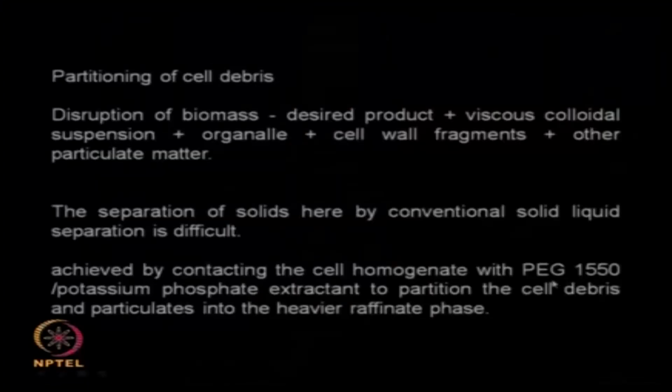Here we can achieve this separation by adding an aqueous system containing PEG and potassium phosphate extractant. This will partition the cell debris and particulates into the heavier raffinate phase. So by adding this aqueous biopolymer with salt, I will be able to separate all the cell debris into the heavier raffinate phase, and that way I will be able to recover my intracellular desired product.